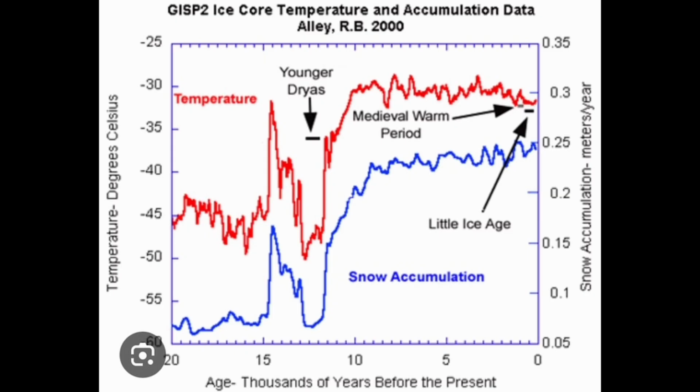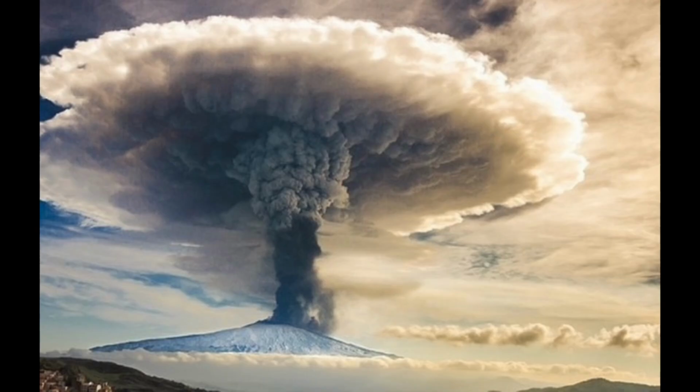It goes down to being colder than it was in the last ice age rapidly. Some say almost overnight. There are a lot of people that give a range of dates in here, but what it looks like is not just one event, but multiple events.